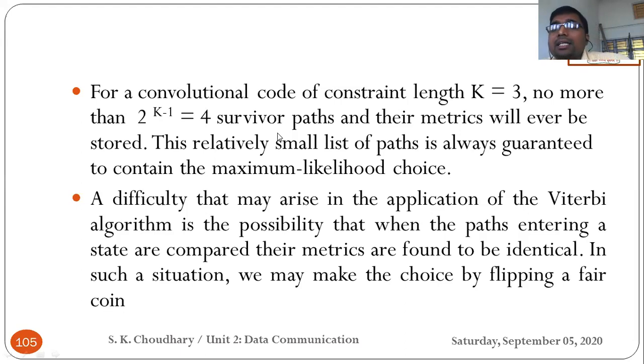In such a situation, we make a choice of which path to follow, just like flipping a fair coin, a toss, because both have the same metric, so you can't decide which is right and which is wrong. At that time you have to take a guess, like flipping a coin.